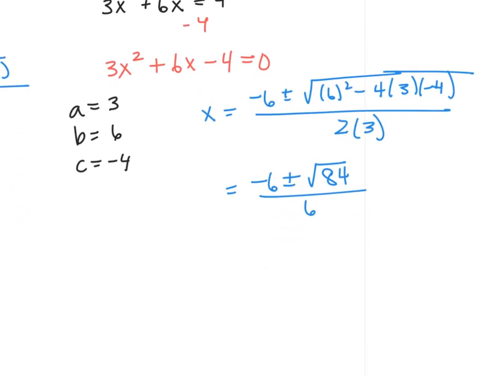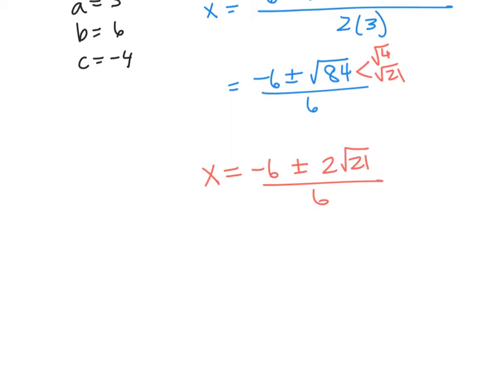So how do we simplify this? Well, I don't need to bring in i because it's a positive square root, but can you simplify the square root of 84? Well, yeah, you'd say, well, 4 fits in 21 times. So x equals negative 6 plus or minus 2 times the square root of 21 all over 6.